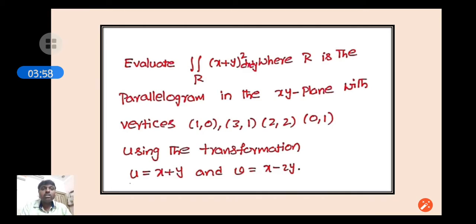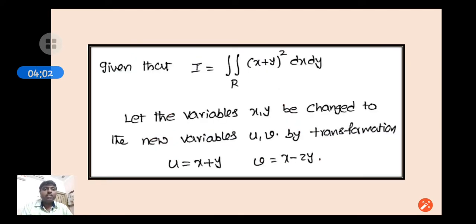We can solve this problem step by step. First of all I am writing the given problem. Integral I is equal to the double integration over the region R of (x plus y) whole square dx dy.